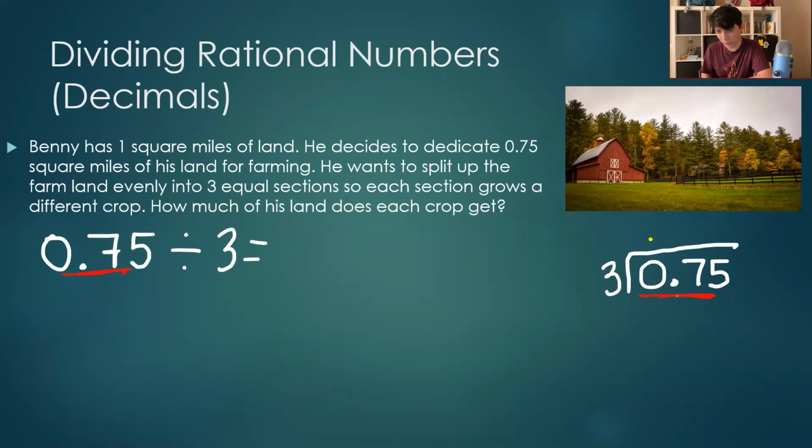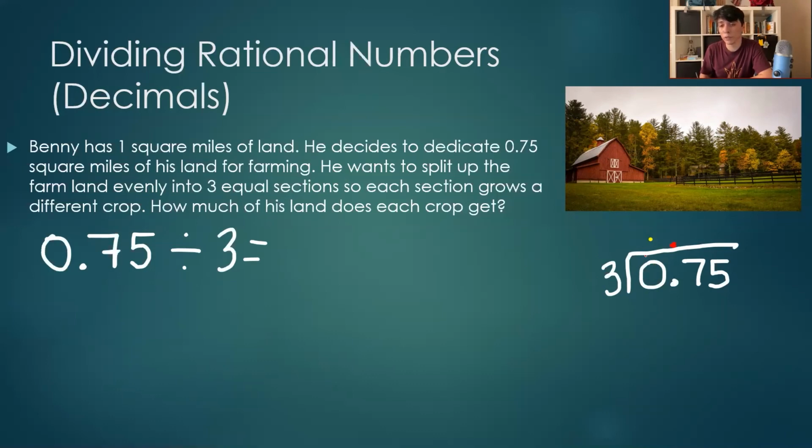It goes inside the box, and the divisor goes outside, because we're trying to figure out how many times the divisor goes into the dividend. So before we start the process, put your decimals where they should be. And then now you can start solving.